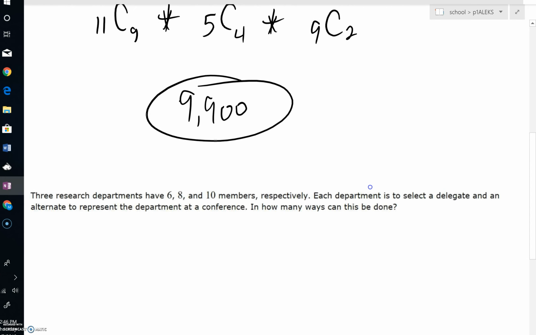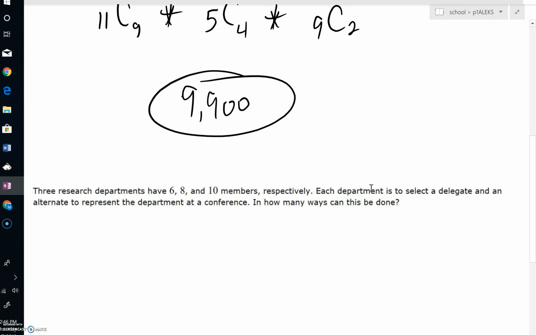One final one. 3 research departments have 6, 8, and 10 members, respectively. Each department is to select a delegate and an alternate. So these are different duties, and in that regard, order matters. It's kind of like a president and a vice president.